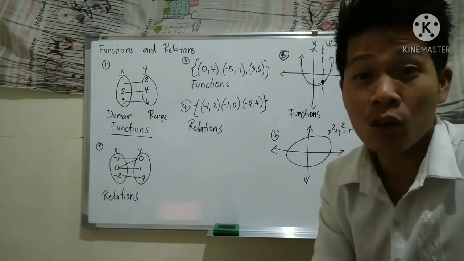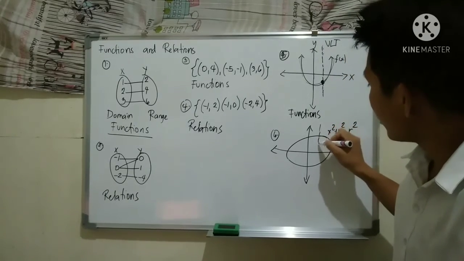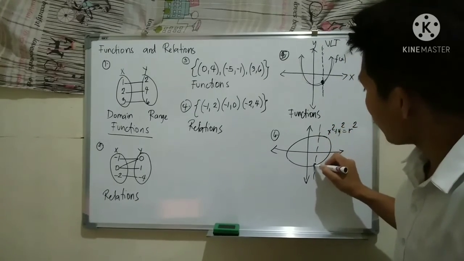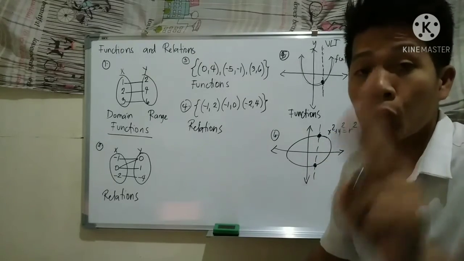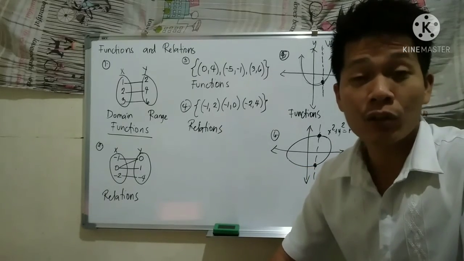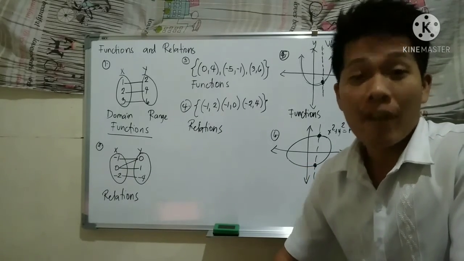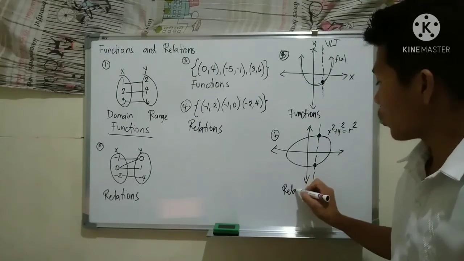Rather, it is called a relation. So we have the vertical line test. Okay, it intersects the graph. How many intersections? 2. Therefore, this graph is not a representation of functions, but rather this graph represents relations only.